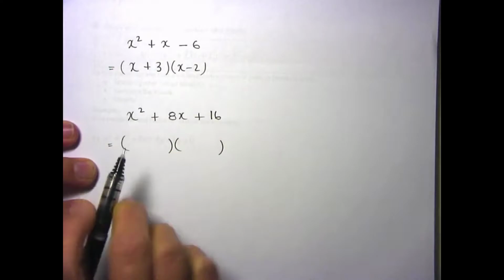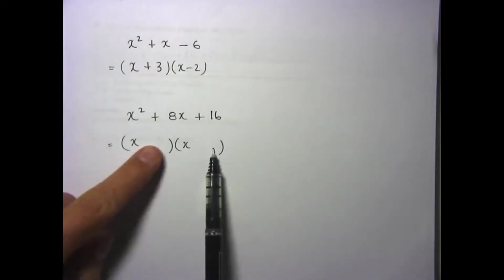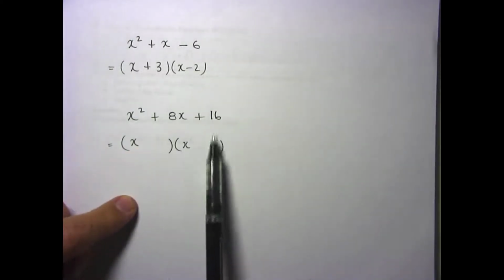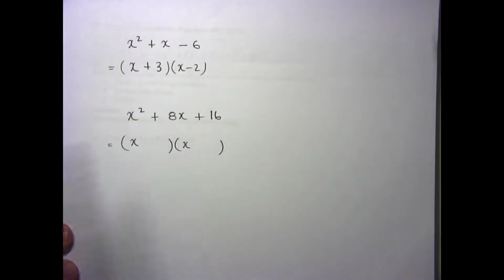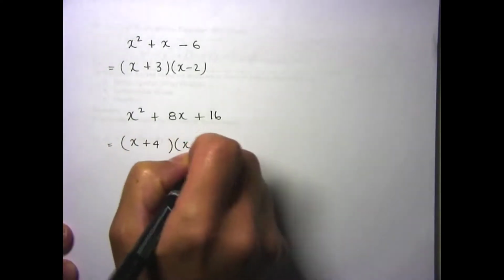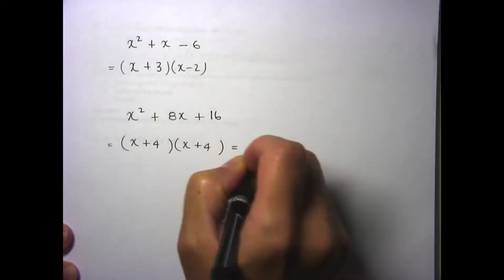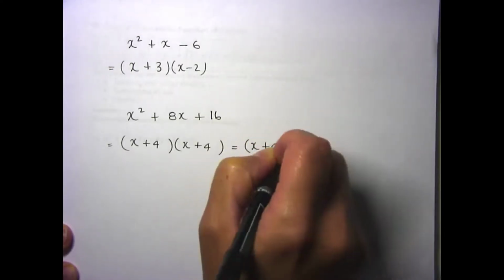Because I'm dealing with x squared, I know that this will be x and x. So I'm looking for a set of numbers such that when I multiply them together, they equal 16, and when I add them together, they equal 8. So this becomes plus 4, plus 4. So we can further simplify and just say this is x plus 4 quantity squared.